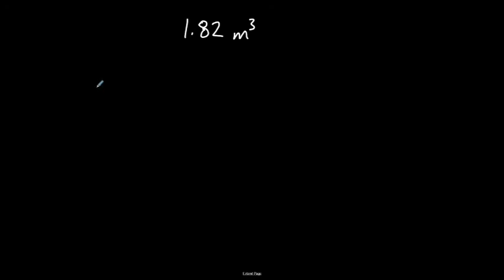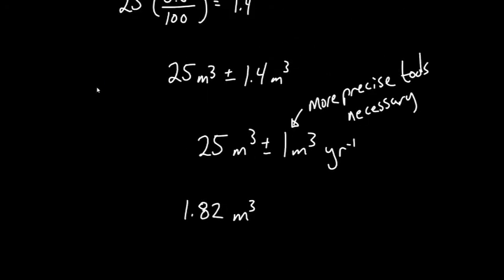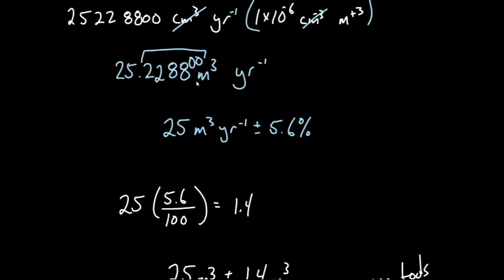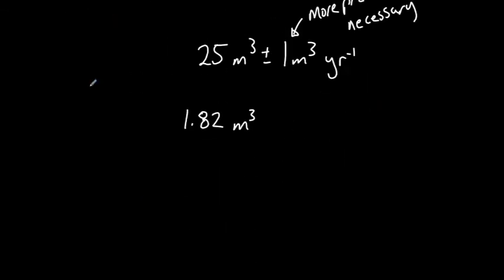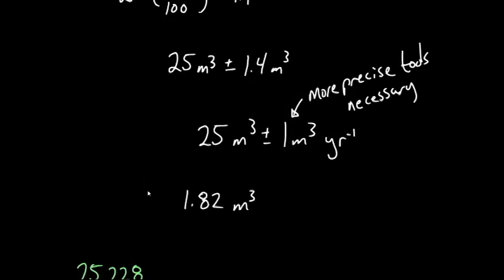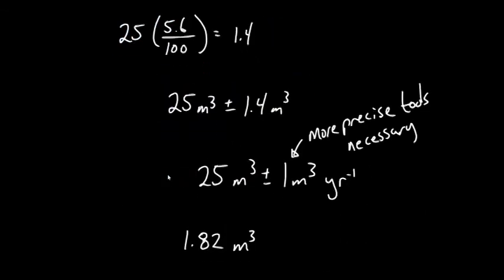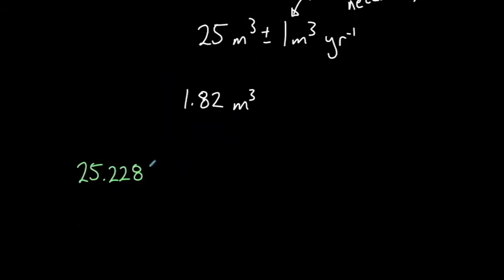So now remember, we want to take our unrounded value, so 25.2288, and multiply by $1.82 per cubic meter.